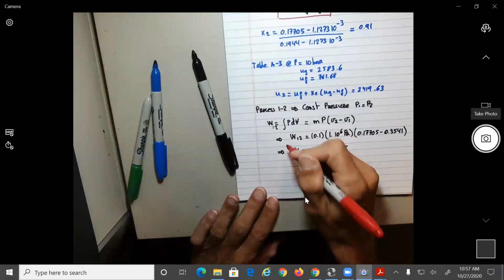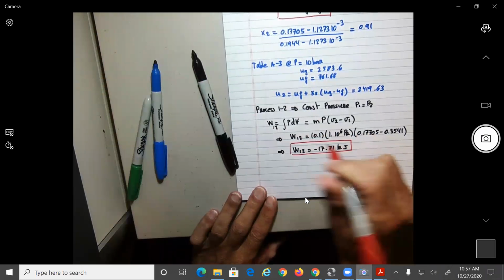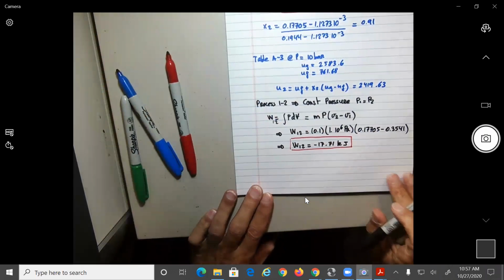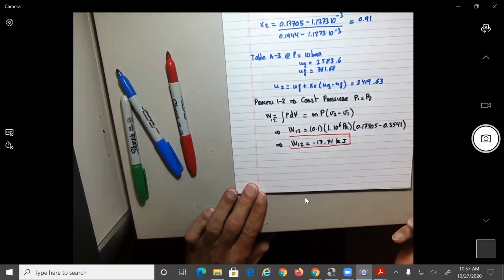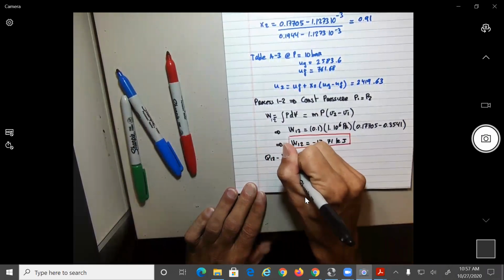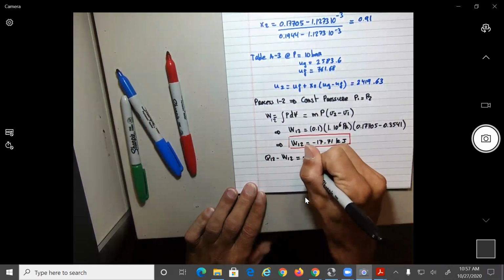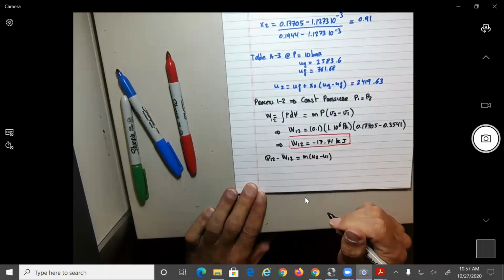Okay, I won't be able to finish the whole problem, but at least we're going to finish the first part. The second part is a lot easier. Process 1,2. Now, what can you do? You can apply the first principle of thermodynamics, and we say what? Q12 minus work 12 will be equal to M U2 minus U1.